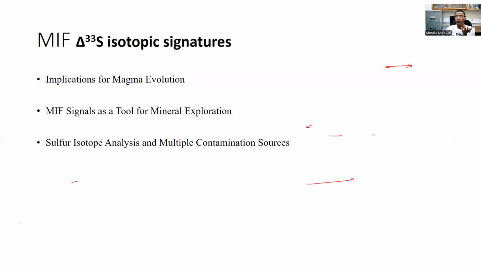For example, we can have early contamination from Archean rocks that may leave distinct MIF signatures. Then later on, we can have contamination from the Transvaal Supergroup rocks, okay, which results in different sulfur isotope patterns. So you can tell that we've got different signatures.